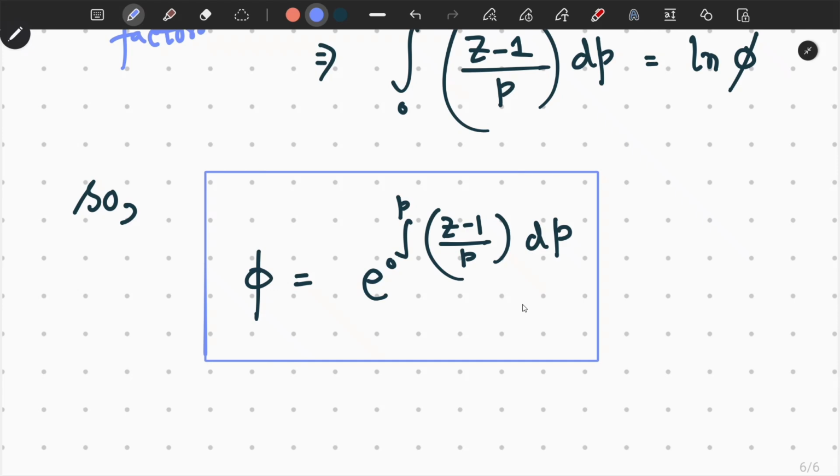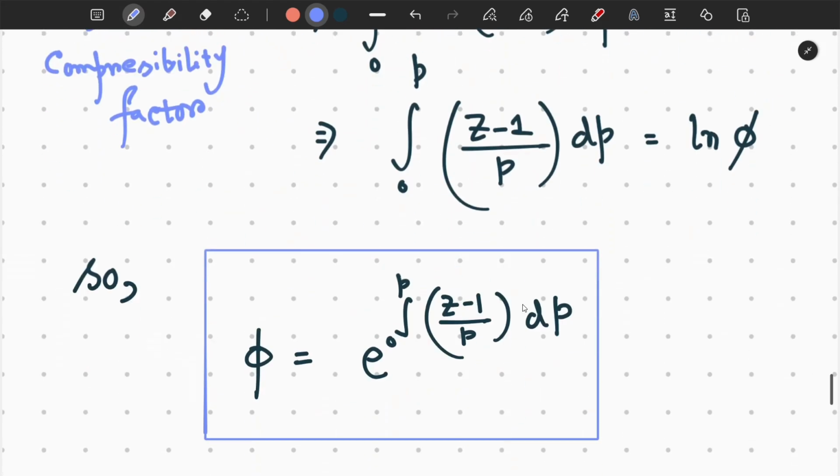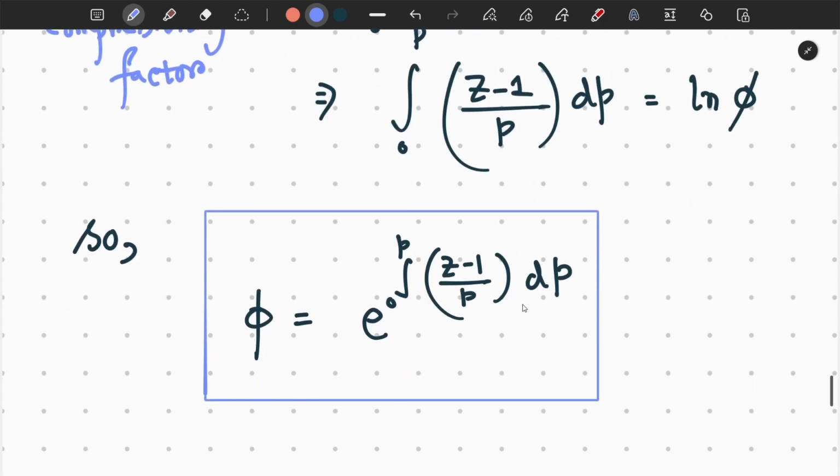This is the formula for the activity coefficient, sorry, fugacity coefficient. So for one particular gas, if you calculate phi, then obviously you can calculate the fugacity for any pressure. So these things we have to calculate, and this is a totally generalized formula.